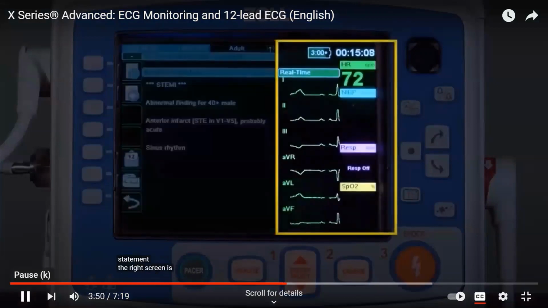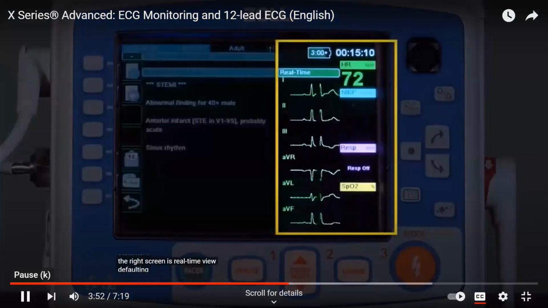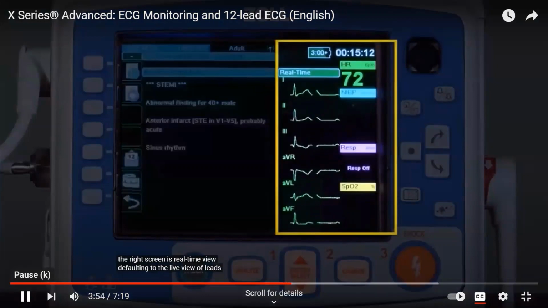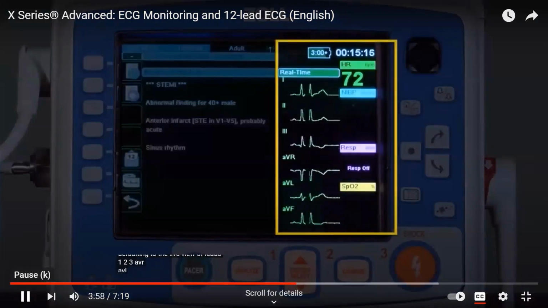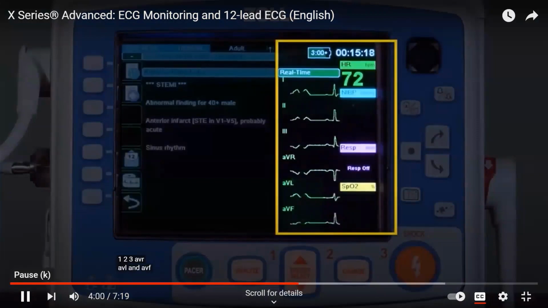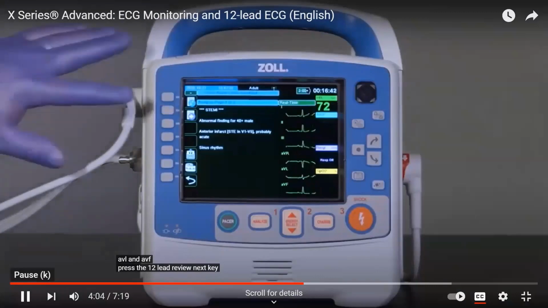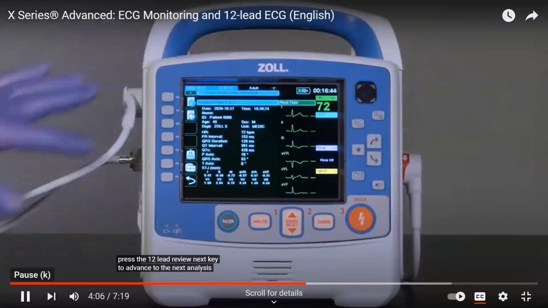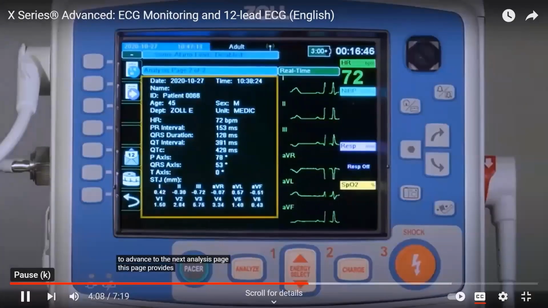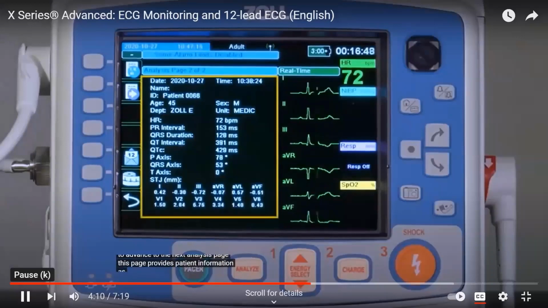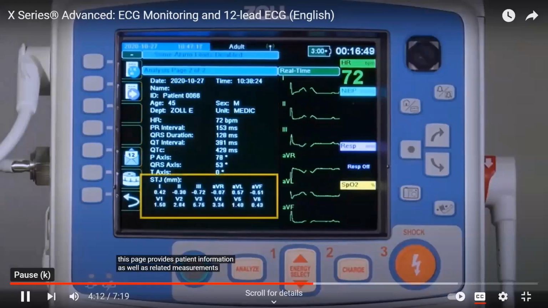The right screen is a real-time view, defaulting to the live view of leads 1, 2, 3, AVR, AVL, and AVF. Press the 12-lead Review Next key to advance to the next analysis page. This page provides patient information as well as related measurements, including ST-J measurements.